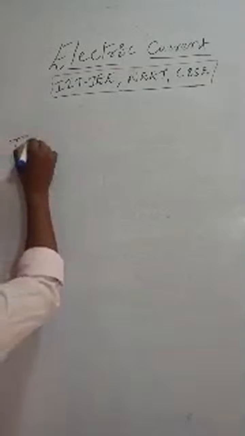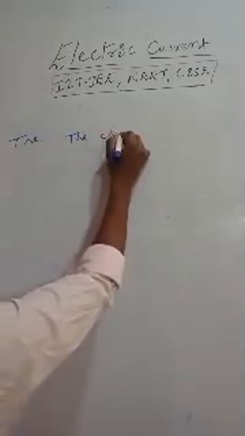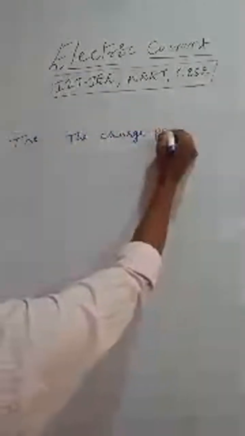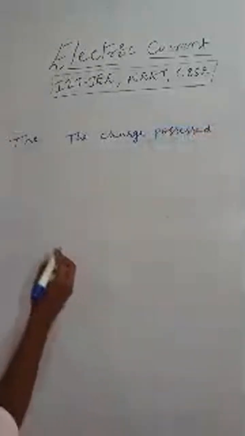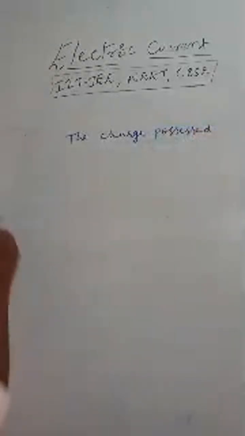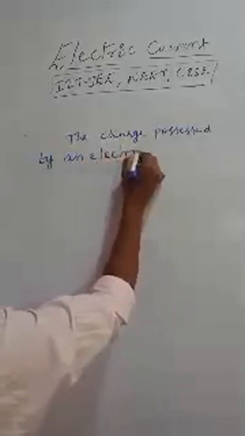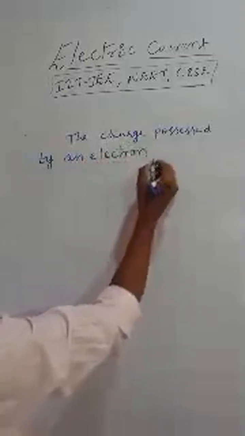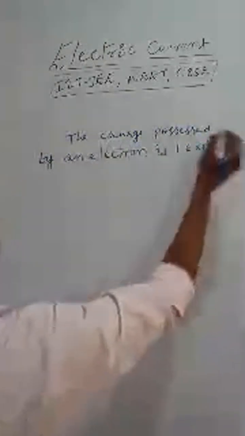Question: the charge possessed by an electron is 1.6 into 10 power minus 19 coulomb.